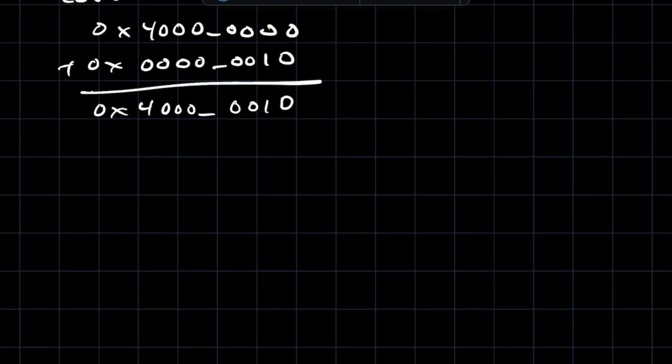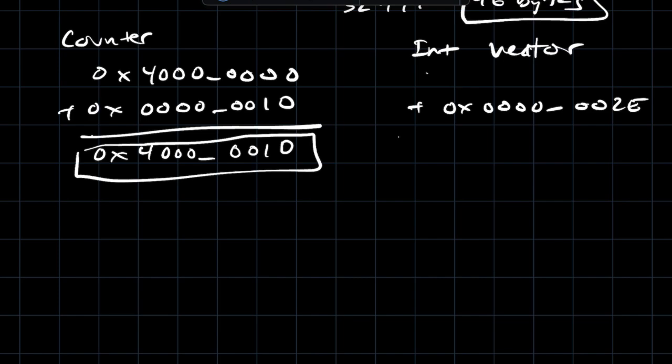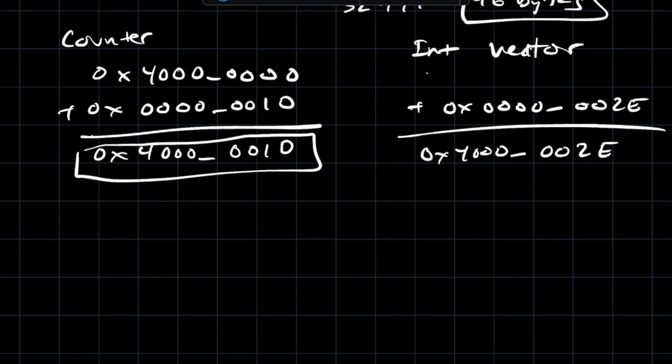That's one of my answers here. And then for the interrupt vector, I'm doing the same thing, but I'm adding 2E, and so that's 0x4000_002E. So pretty simple to work all of that out.